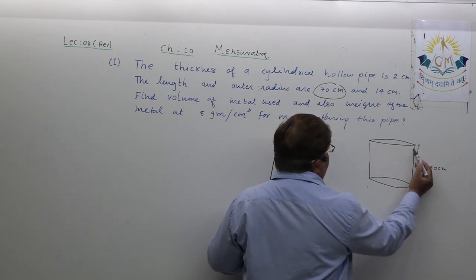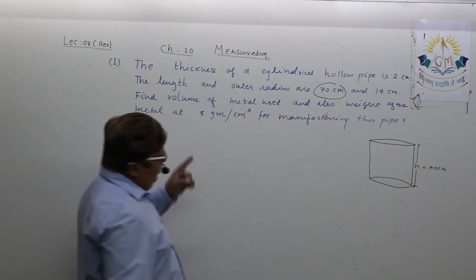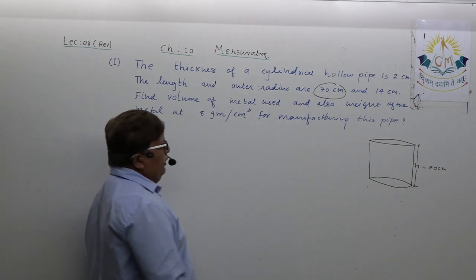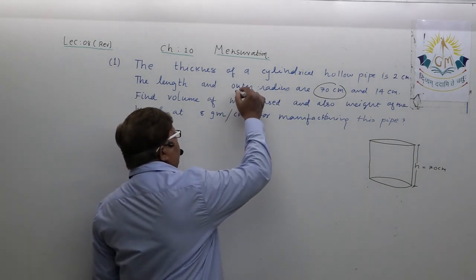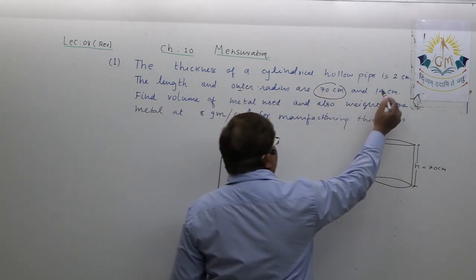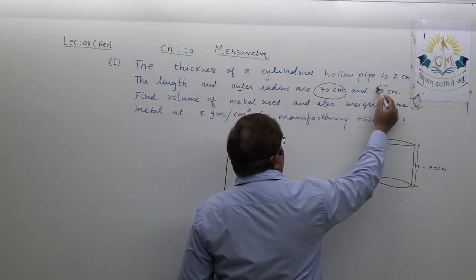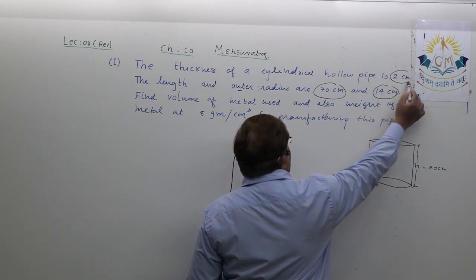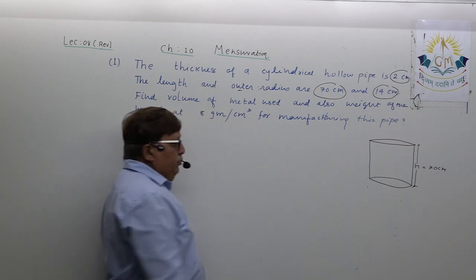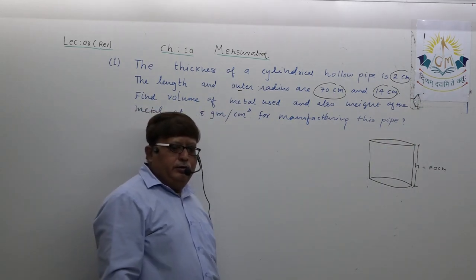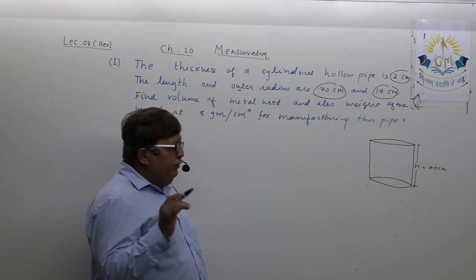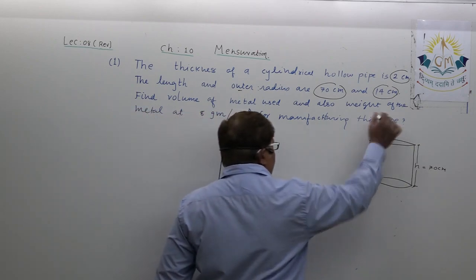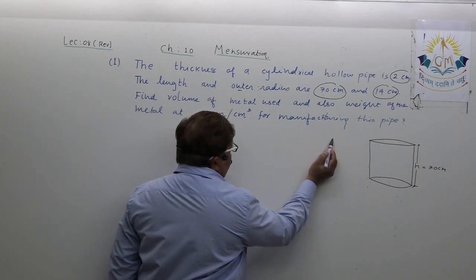Height is already given. What is the rest of the data? You are given outer radius as 14 centimeter and thickness as 2 centimeter. It simply suggests this way. I am drawing the front view, like this.